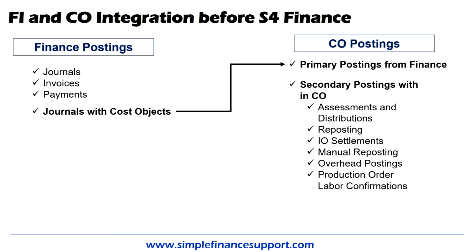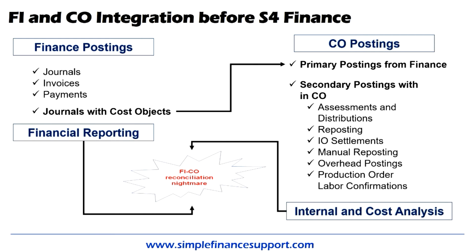So the processes which normally occur within the CO controlling module are assessments and distributions, reposting, internal order settlements, manual reposting, overhead postings, and the labor and activity postings from production orders and so on.